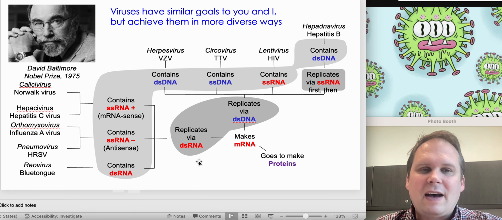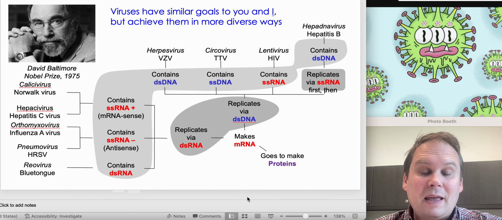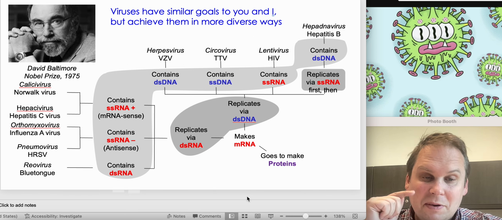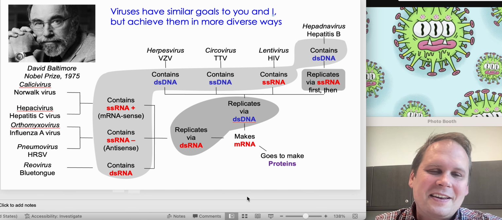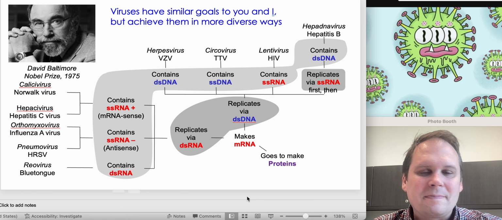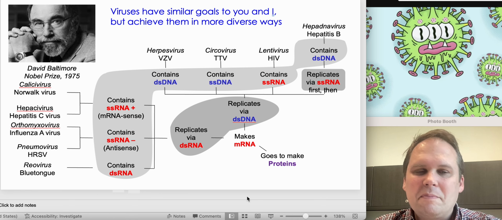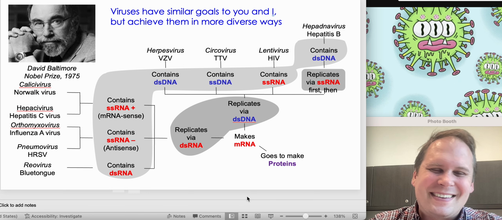And then the virus will have some way, either virus or host, to make messenger RNA from that. And the hard-working viruses, they're going to make that messenger RNA themselves. The lazy viruses, they're going to get the cell to make the messenger RNA for them. They'll just encode the right signals. Both of these things work. Both of them are equally deadly and horrible. It's not really a contest with viruses.